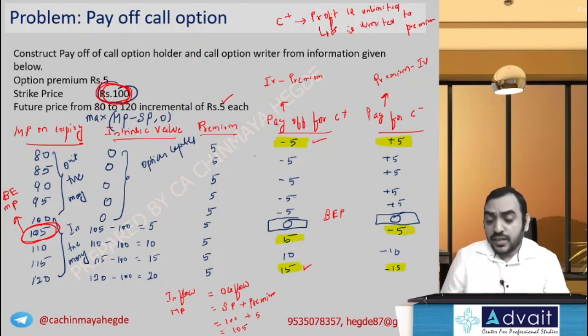So for the holder, loss is limited and profit is unlimited. Whatever the amount of premium is, that is the maximum loss. You cannot get a loss beyond that, because you don't exercise. You always have the choice.